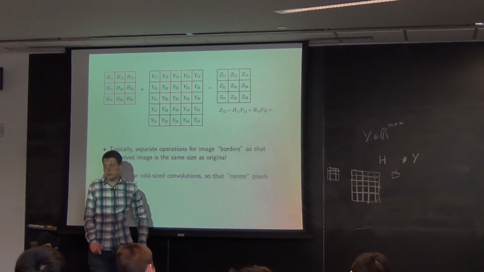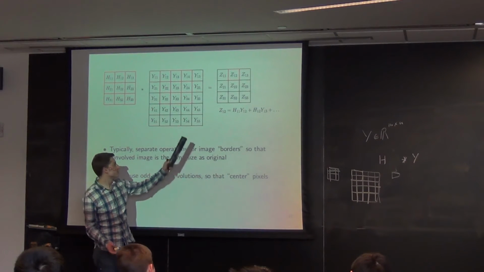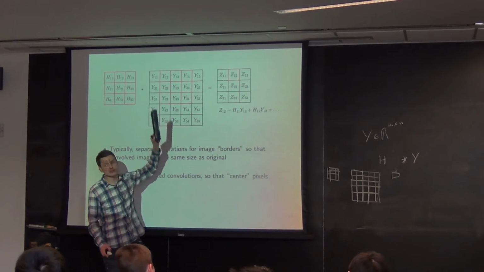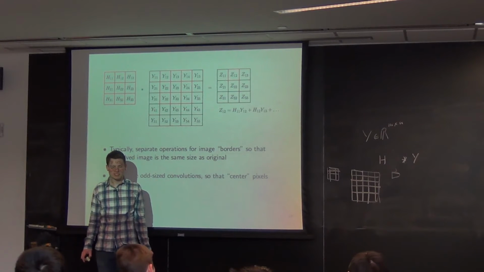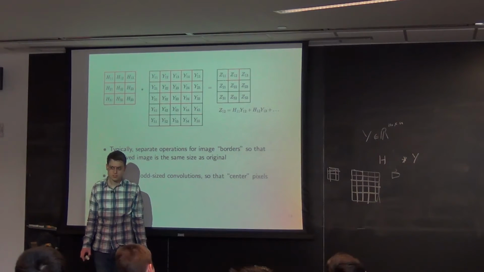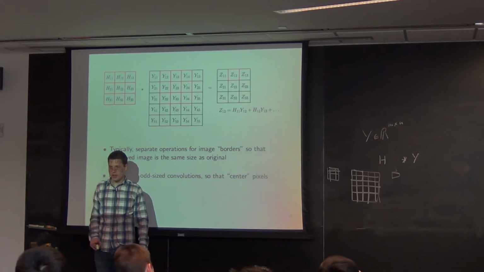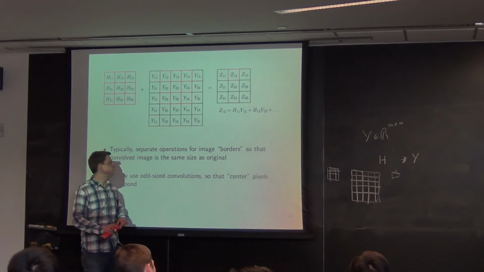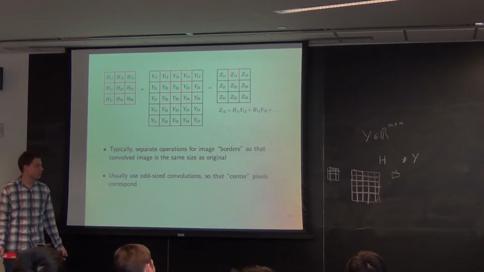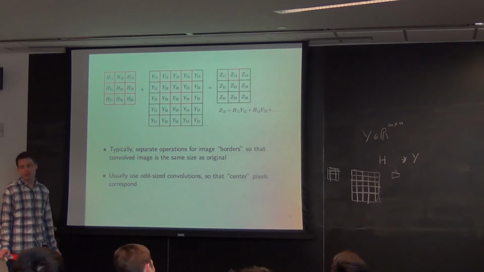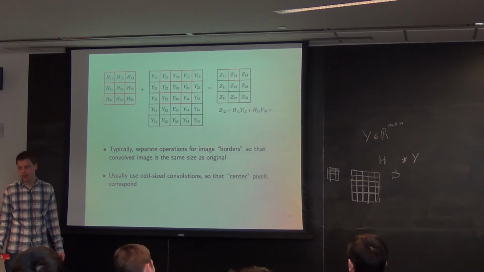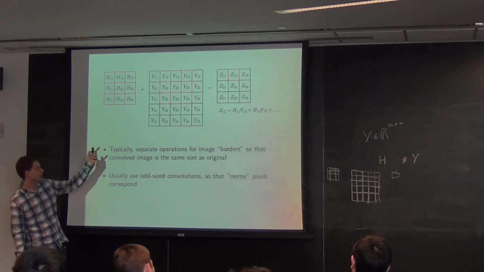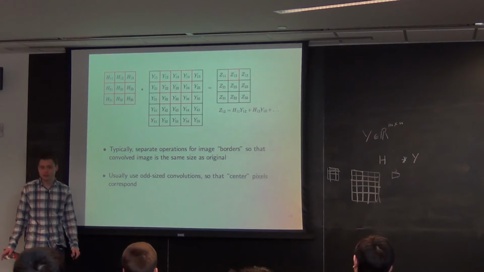But if you have them be even, then the center kind of corresponds to the center between pixels, which is kind of strange. So those are all very informal things. They're typically what people do when they talk about convolutions, and when they use convolutions in practice. I think some of the routines that you use will actually throw an error if they are given a non-odd-sized filter.